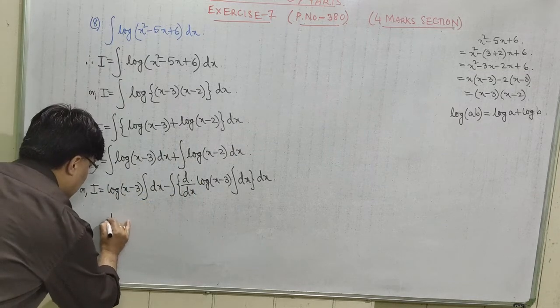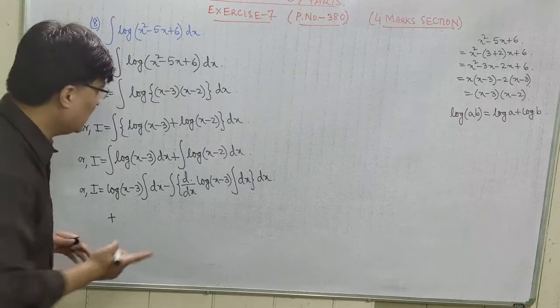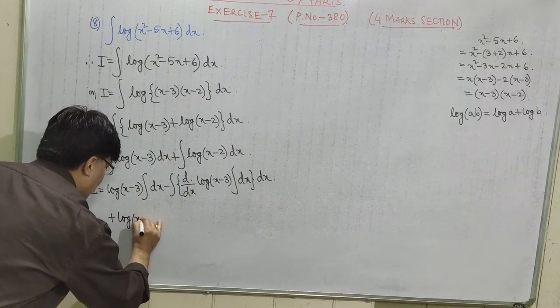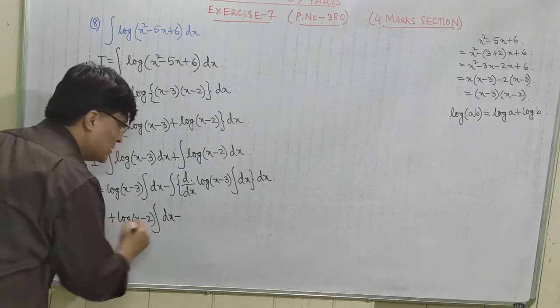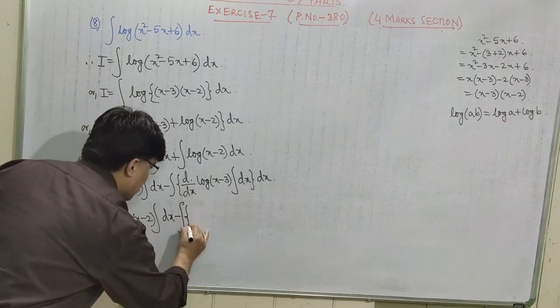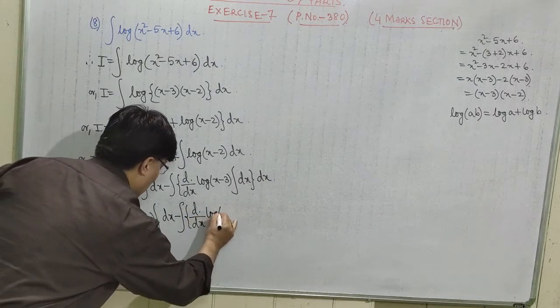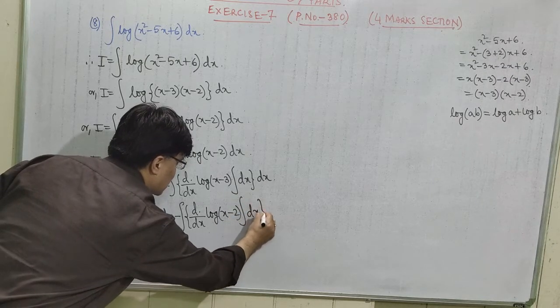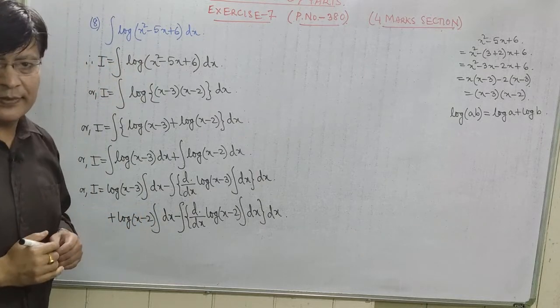In the next line, let us use integration by parts for the second function. So log of x minus 2 comes in the front, log of x minus 2 integral sign dx, minus integration of second bracket dy dx of log of x minus 2, integral sign dx, second bracket closed, dx. Clear?